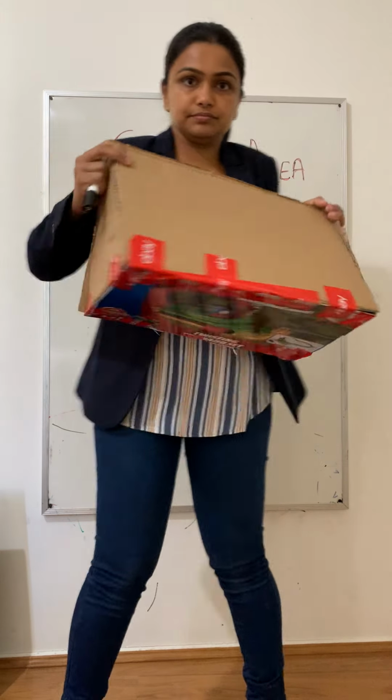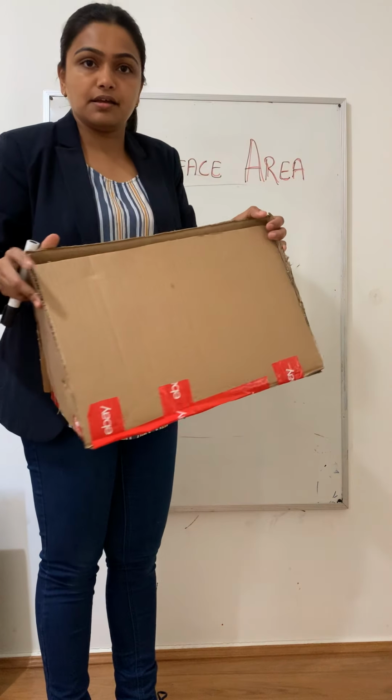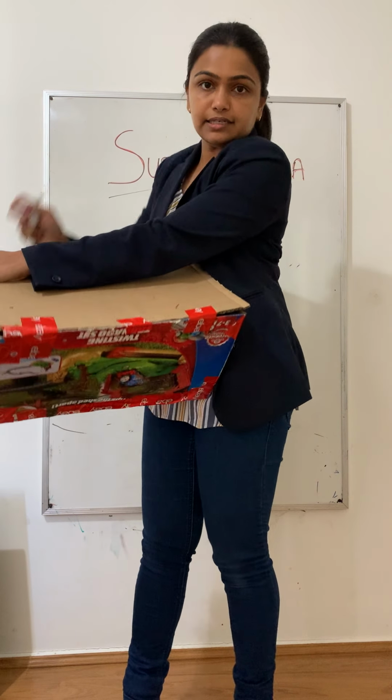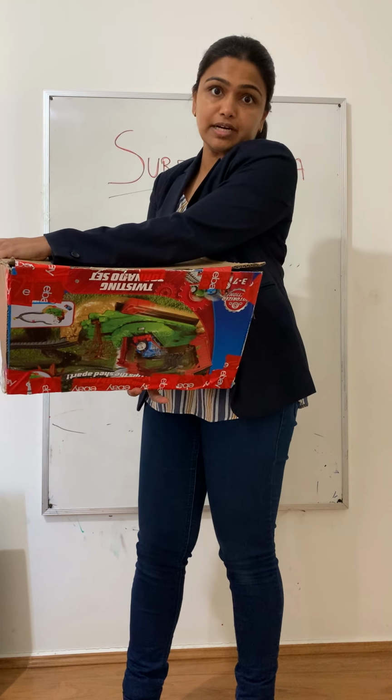This is how a triangular prism looks like. Triangle here, triangle here. One rectangle here, one rectangle here, and a base rectangle.